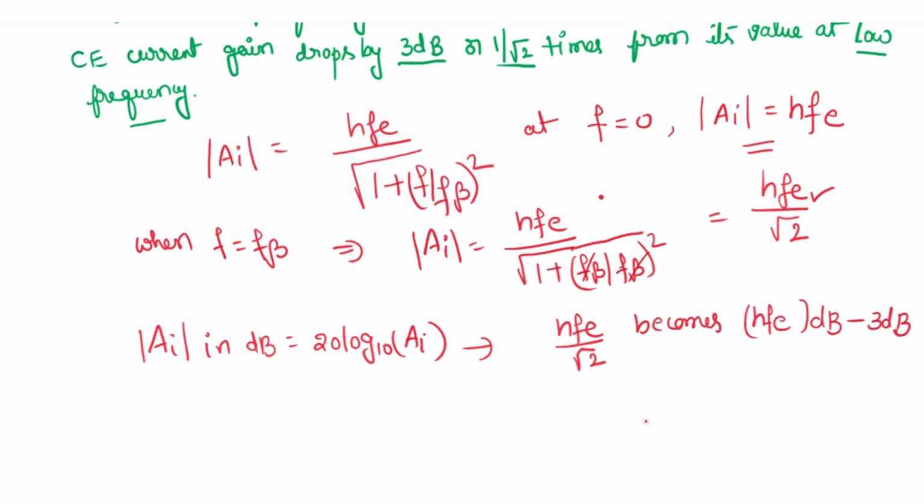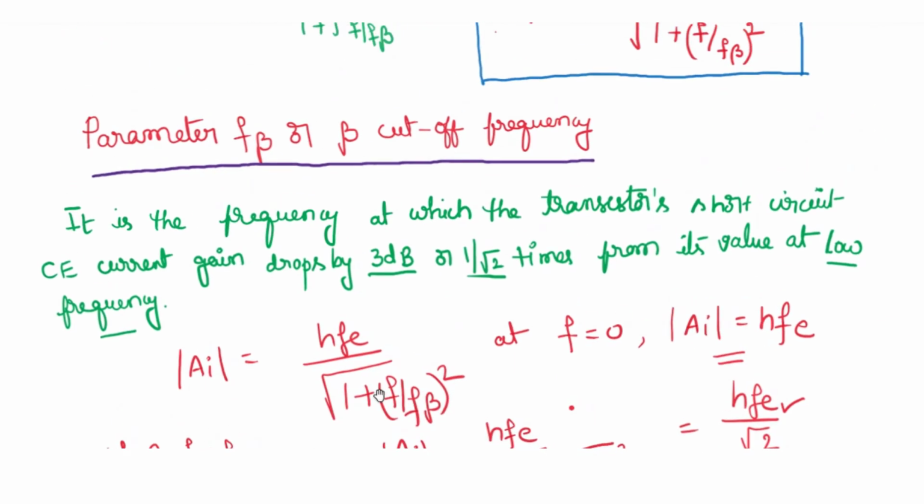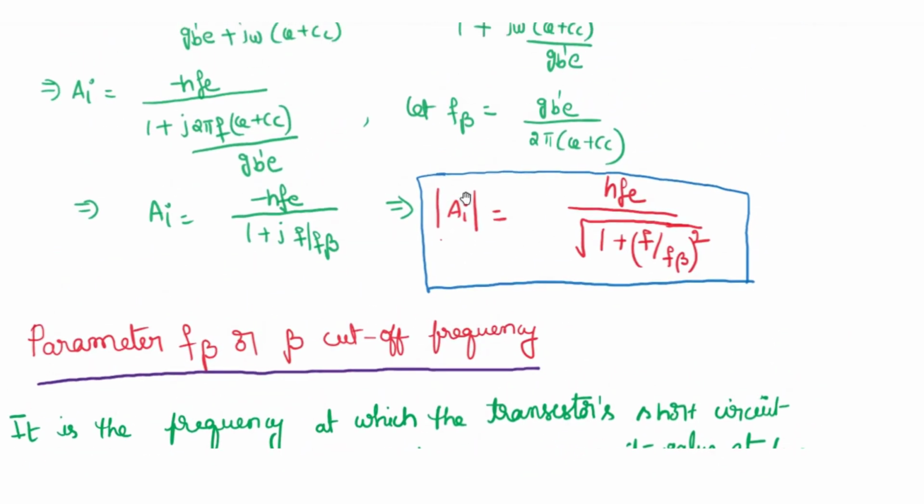That means hfe by root 2 in terms of dB means hfe decreases by 3 dB, when f is equal to f beta. So that is the concept of f beta. At f equal to f beta, the current gain decreases by 1 by root 2 times, or drops by 3 dB.